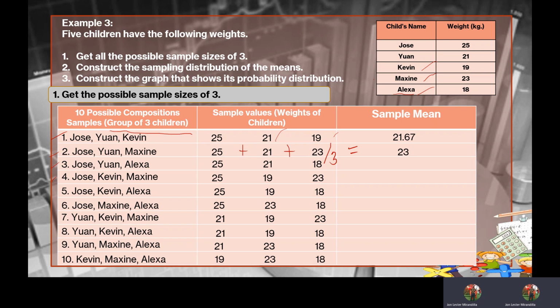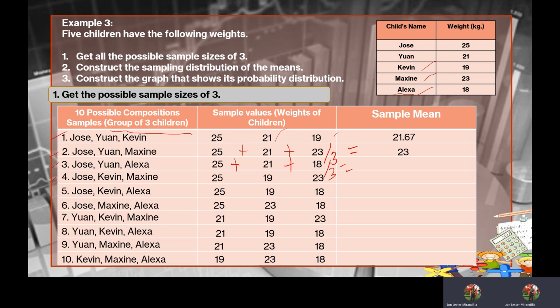Next row tayo, row 4. We have 25, 21, and 18. So, 25 plus 21 plus 18 divided by 3 is equal to what?